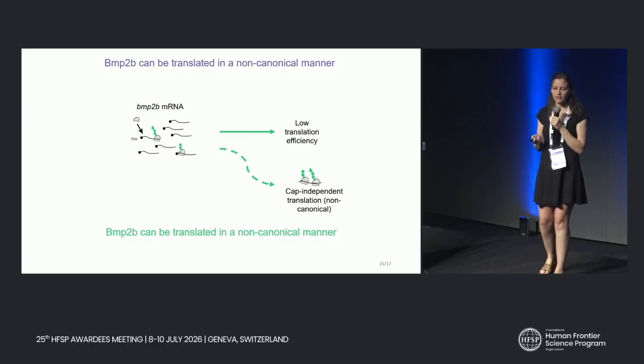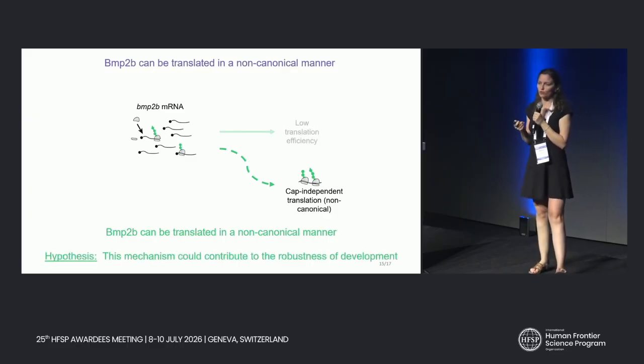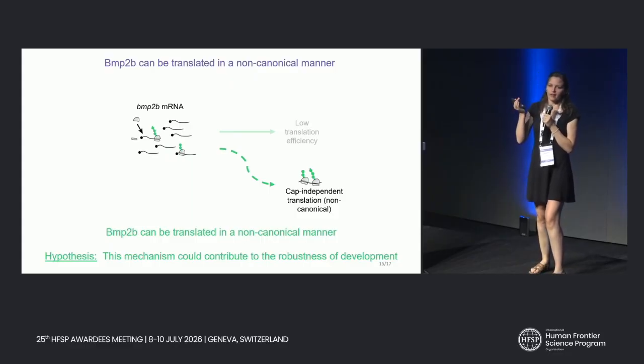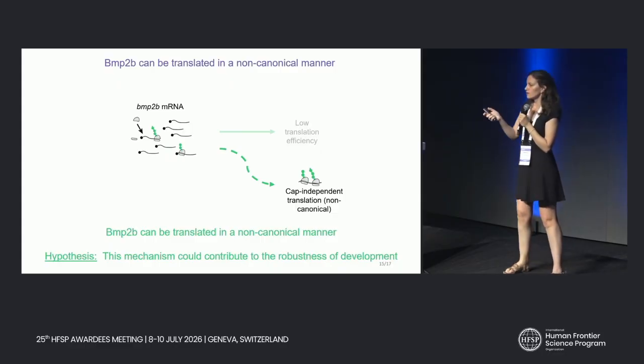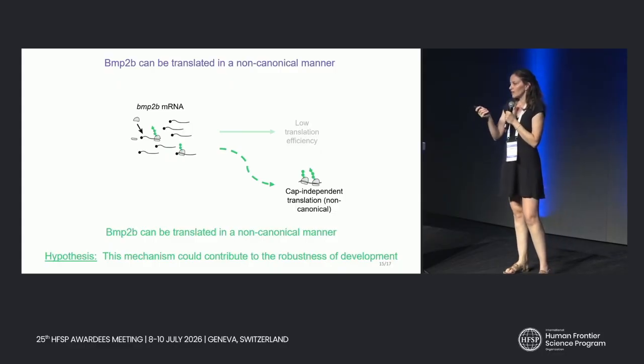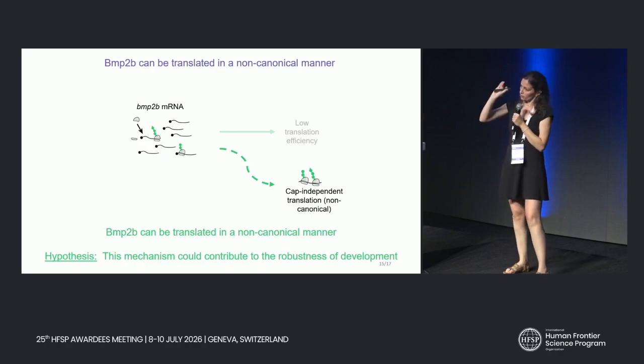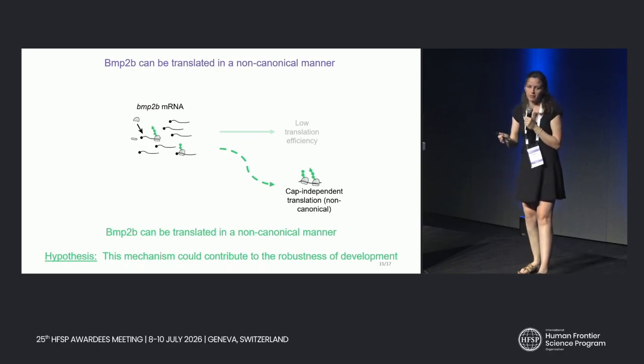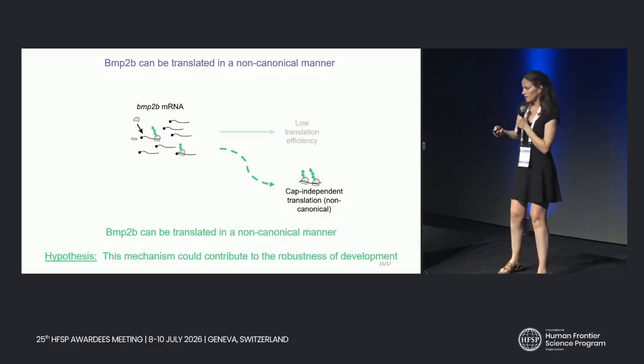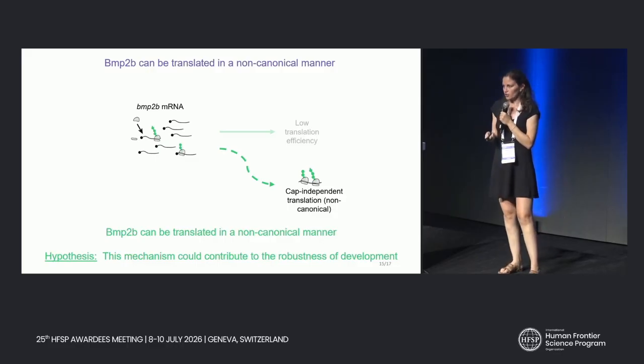And we now hypothesize that this mechanism contributes to the robustness of development. When there are phenomena during development where canonical translation is reduced, maybe this non-canonical mechanism can take over for certain genes and still allow translation of such an important gene as BMP2B.